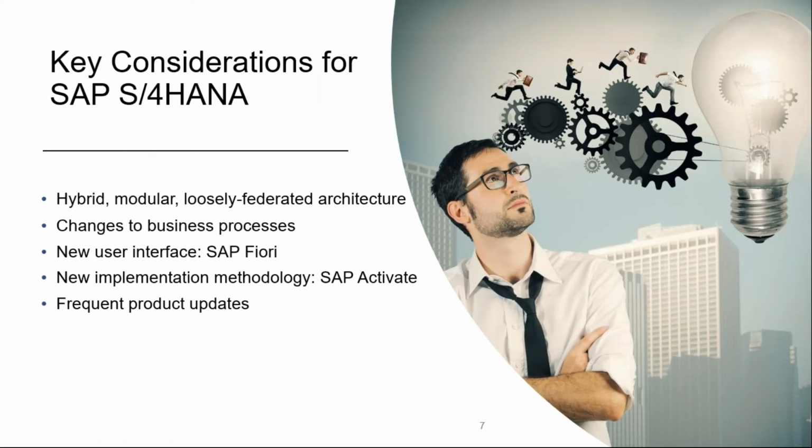So with that as the background, right, we're looking at enterprise applications, testing enterprise applications. We think about what are some of the key considerations for SAP S/4HANA. One of them is we were talking about a hybrid, modular, and a loosely federated architecture. You might say, well, wait a minute, SAP's always been modular.